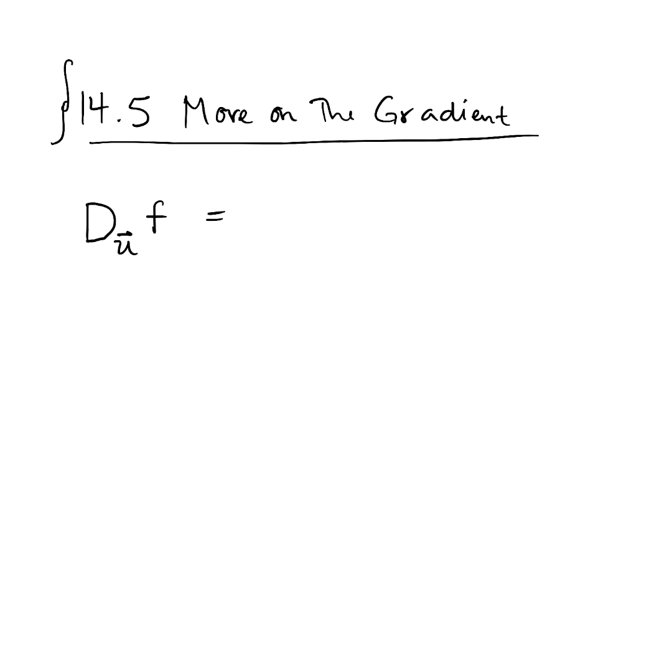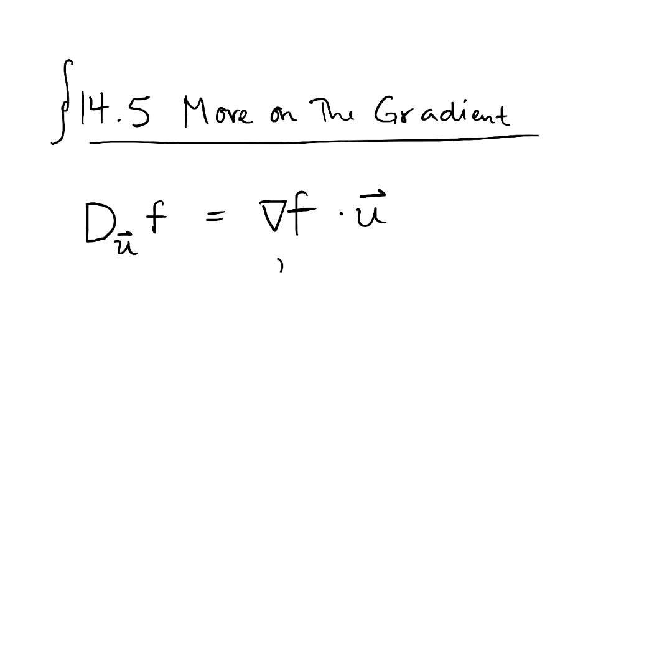Now we have a limit definition for this directional derivative, but in the end, because of the chain rule, what it turns out to be is this thing called the gradient, denoted with that symbol, so that's read gradient f, simply dotted with the direction vector u.